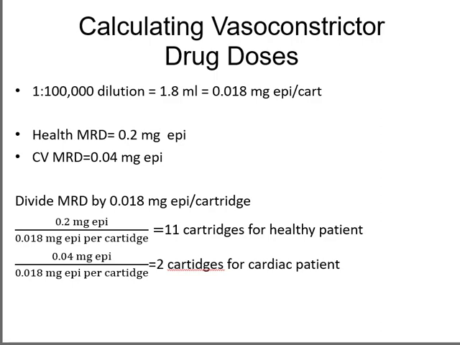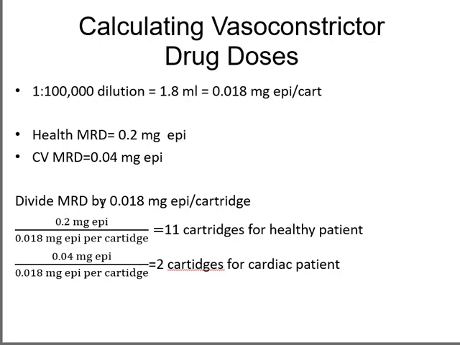All right, so now we have to figure out how many cartridges, based just on the vasoconstrictor, a patient can have. So the healthy MRD is 0.2 milligrams of epinephrine. Cardiovascular is 0.04 milligrams. So this is epinephrine in the dilution of 1 to 100,000.